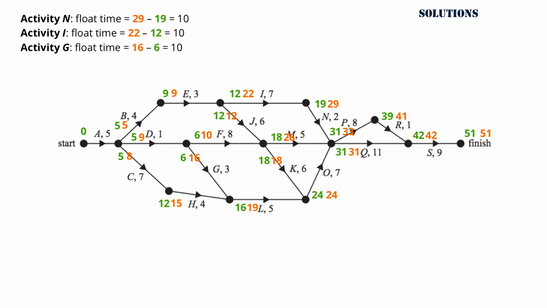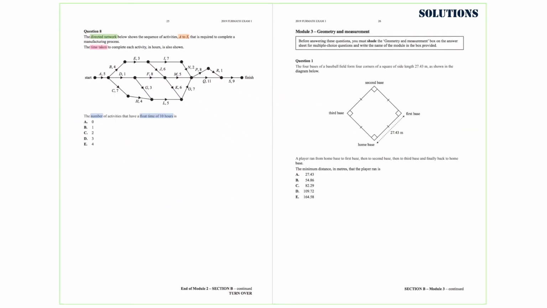So the answer we are after is option D, because we found 3 activities with a float time of 10. From the 2019 VCE examination report, only 31% of the students chose the correct option.